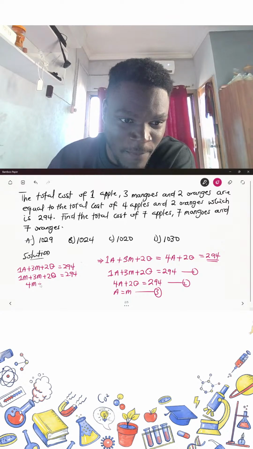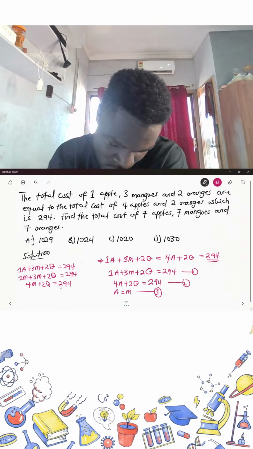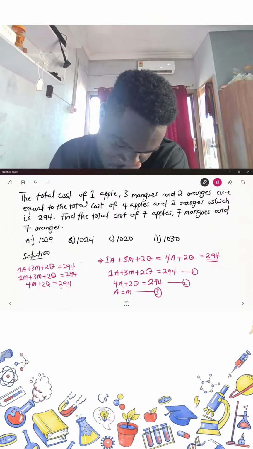So we have 4M plus 2Q. Let me use Q in this case. It's equal to 294. From here, I can simplify these a little bit.